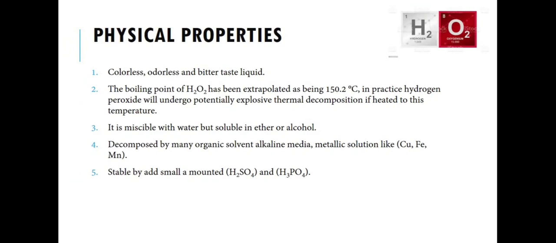It is miscible with water and soluble in ether or alcohol. It is decomposed by many organic solvents, alkaline media, and metallic solutions like copper, iron and manganese. It is stabilized by adding a small amount of sulfuric acid and H3PO4.